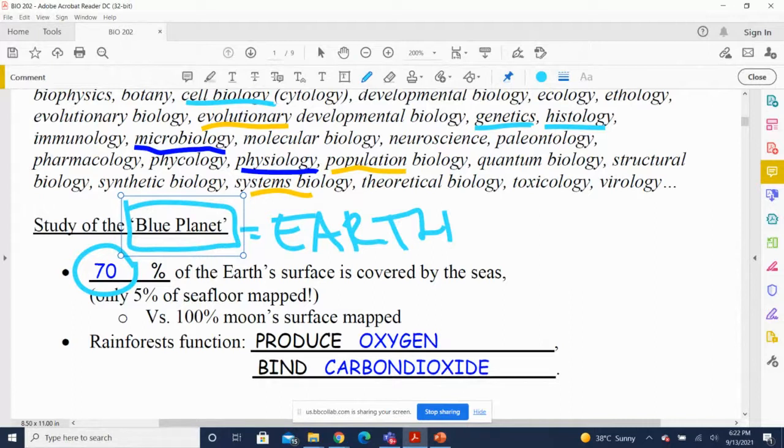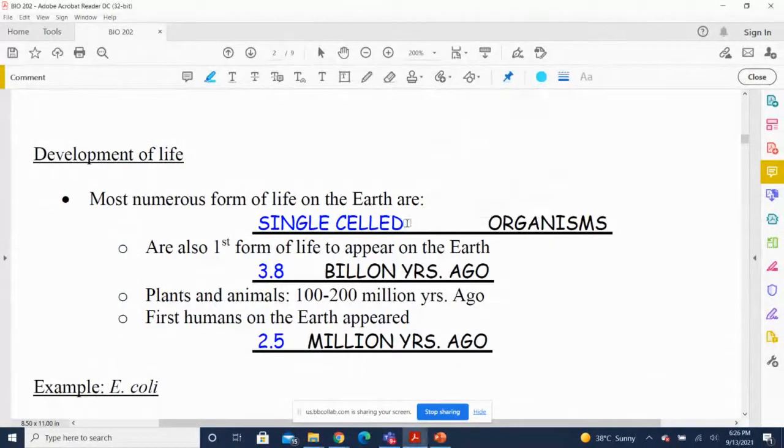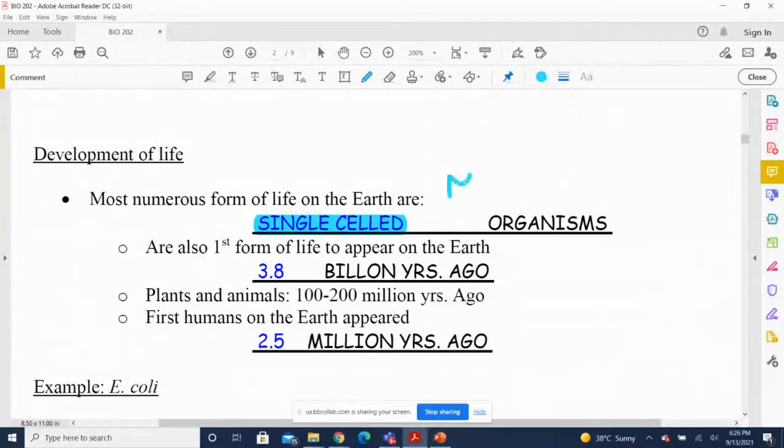But that's kind of to get us started and get us to think about the planet we live on and how we fit in there. If we start looking at the development of life, something that we discussed in our first chapter, we notice that the very first forms of life on Earth were single-celled organisms that were found in water. So life evolved in water for the longest of time.